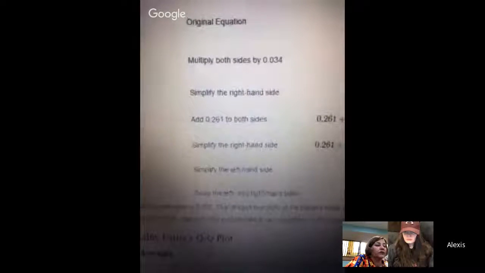Gotcha. So I think we multiply both sides by the standard deviation. I still have no idea.